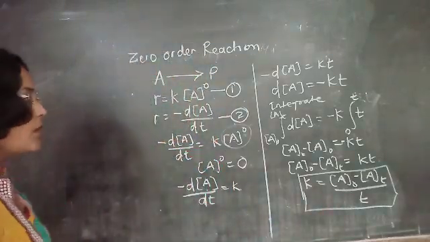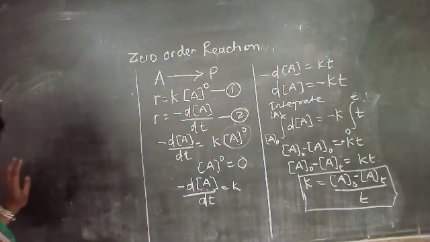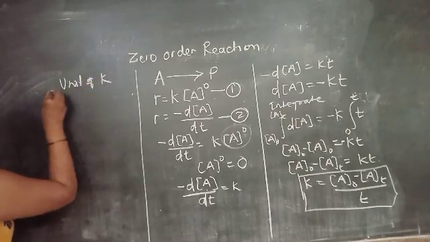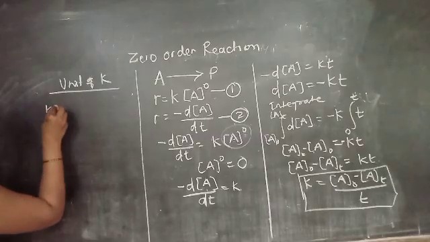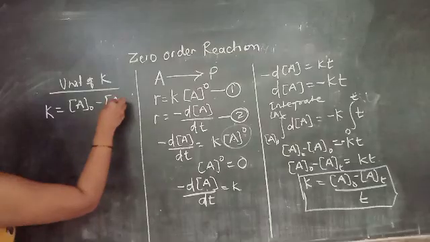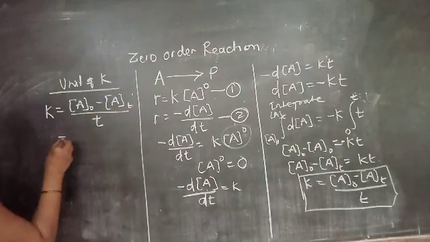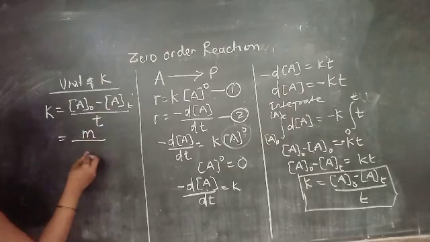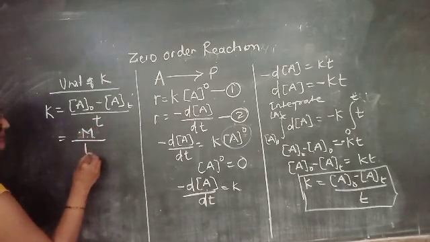Now we will see what is the unit of k for the zero order reaction. What is k? k is equal to A0, the initial concentration, minus the concentration at time t, upon the time. Here the concentration is taken in molarity, or you can say molality, upon the time t.